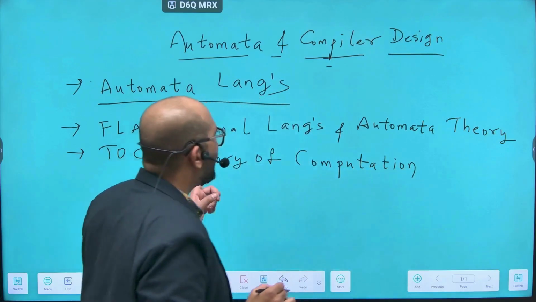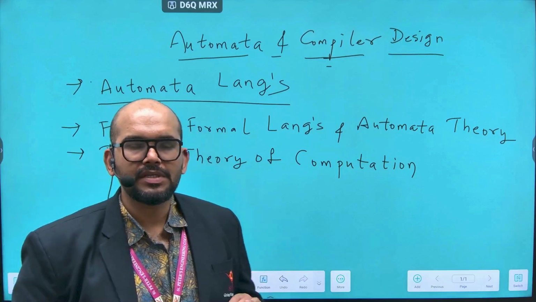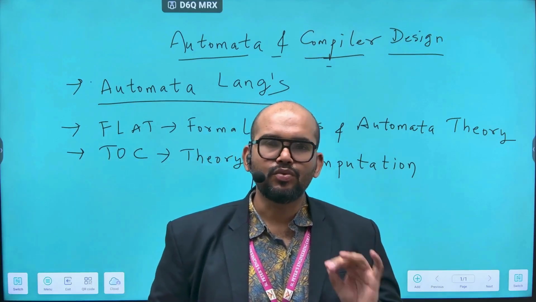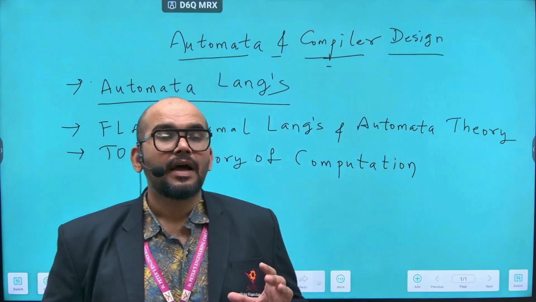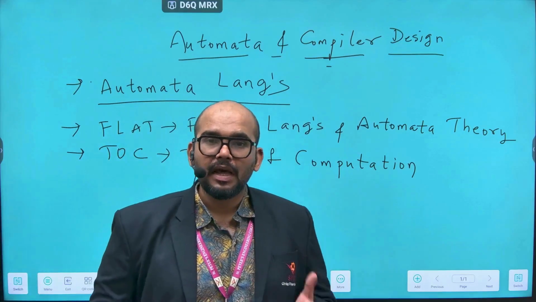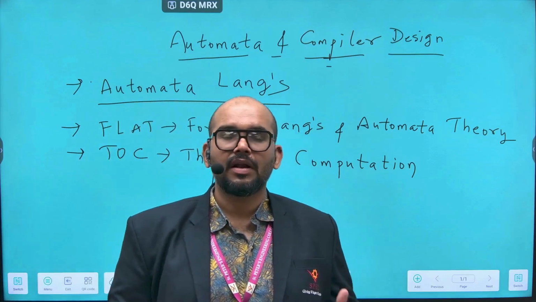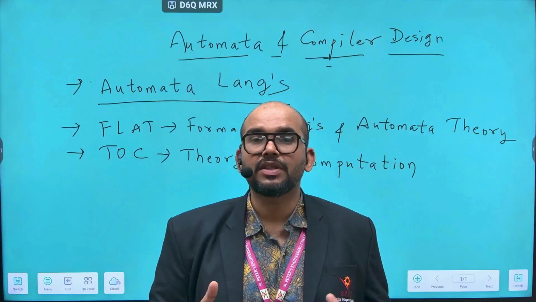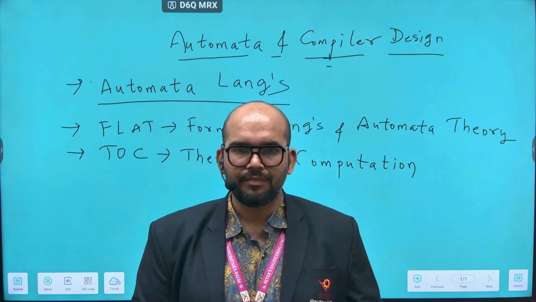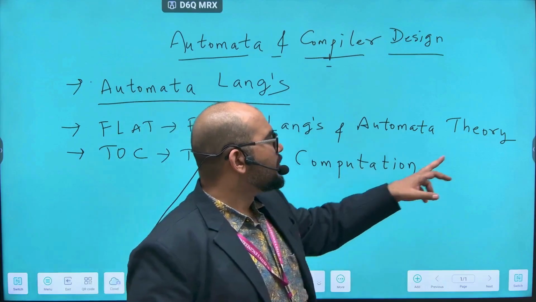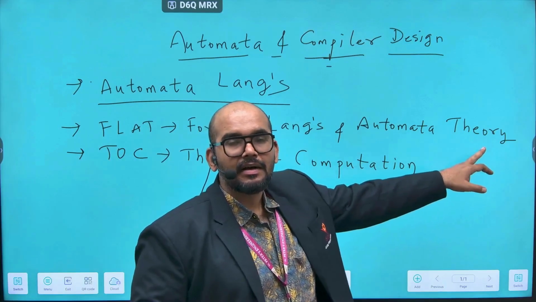Formal languages are the languages we define with some rules and regulations, and automata. Automata means a thing or a machine that works without human intervention. So we go with some theoretical content.